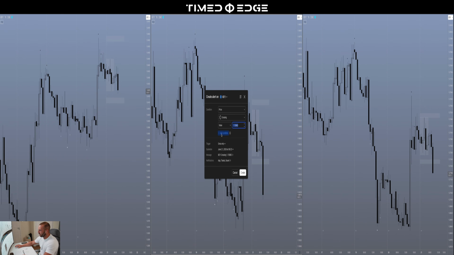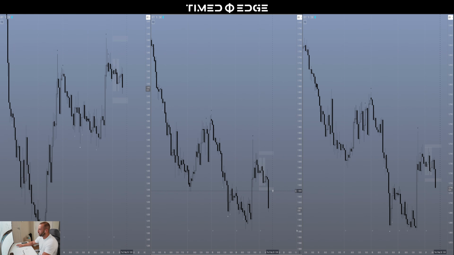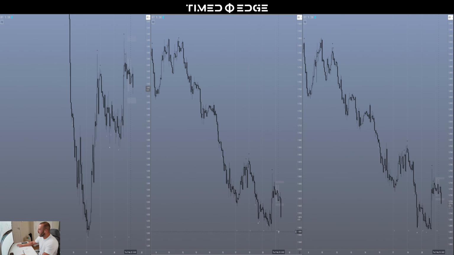I'm going to set an alert up for that. That is where price is reaching to. Whether we get below that and then we can trade, fade the move.